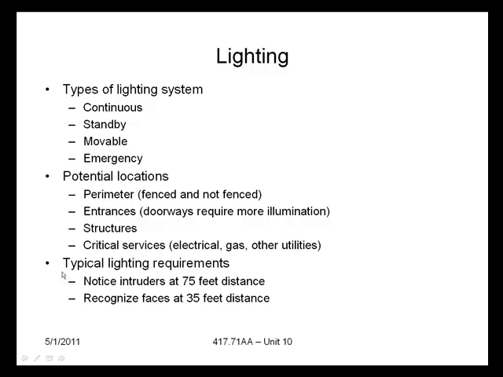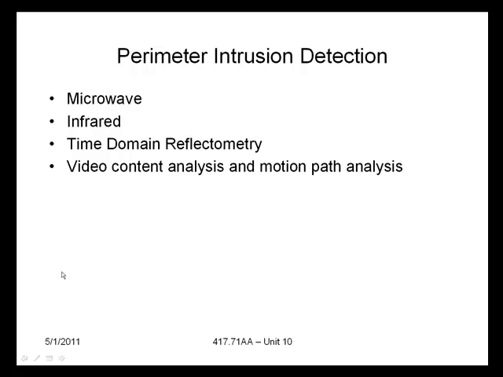Lighting requirements typically are: you need the ability to notice an intruder at 75 feet. You can recognize there is somebody there who doesn't belong there, and the ability to recognize faces at 35 feet.